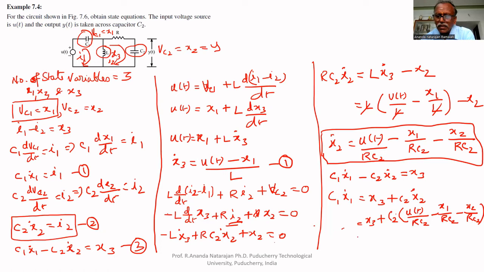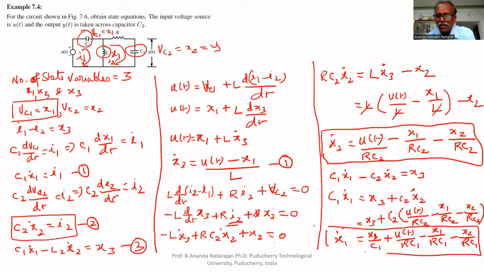Therefore, C2 gets cancelled. Therefore, x1 dot equal to x3 by C1 plus u(t) by RC1 minus x1 divided by RC1 minus x2 divided by RC1. That is x1 dot. So we got x1 dot, x2 dot, and x3 dot.